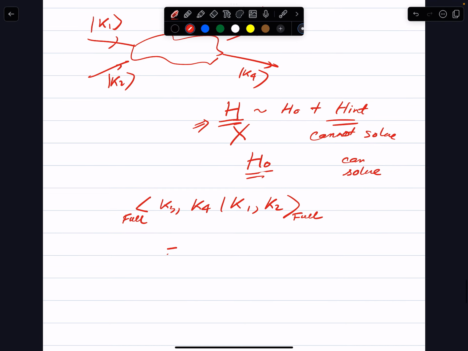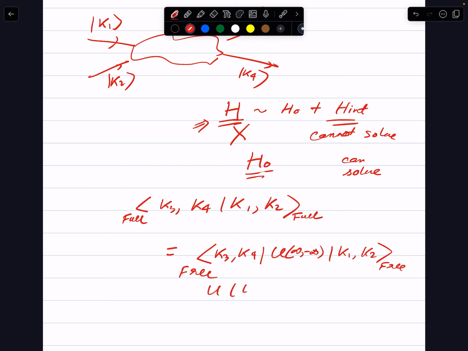There is a relation which relates them to the eigenstates of the free Hamiltonian, which is something we can calculate, and we have calculated. So this is k3, k4 free, k1, k2 free. So we are mapping a problem that we cannot solve to a problem that we can solve, and this is the U(infinity, minus infinity), where U(t, t0) is given by time ordering e to the power minus i integral of H(t) dt.